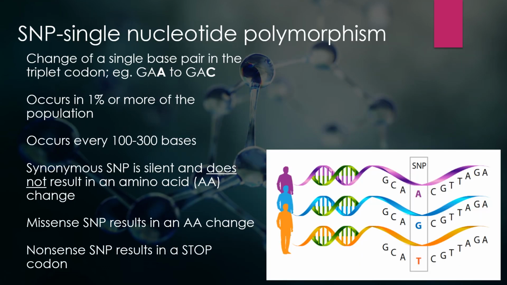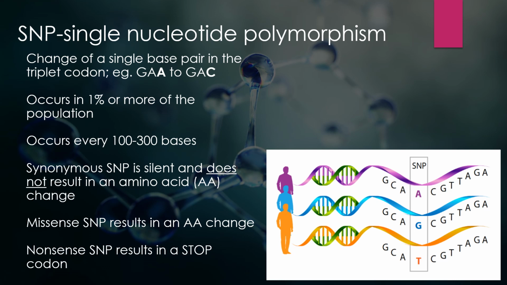So SNPs are single nucleotide polymorphisms. To be called a SNP, it has to occur in 1% or more of the population. And a lot of RBC antigens are caused by SNPs. They are naturally occurring. They occur every 100 to 300 bases.